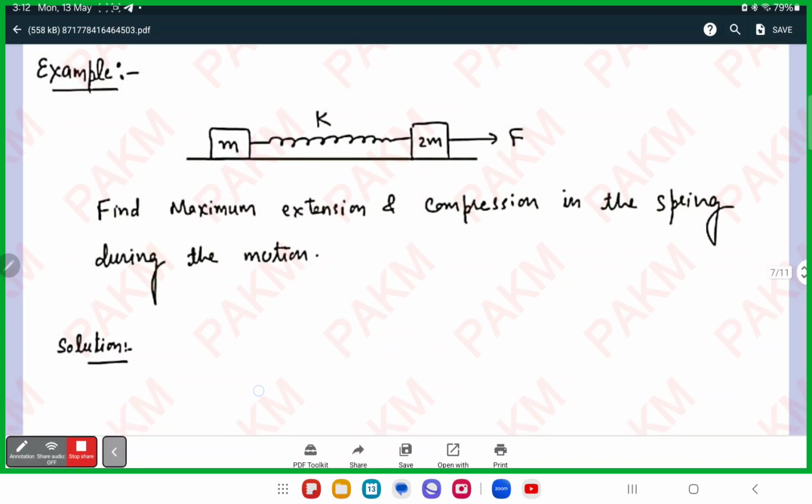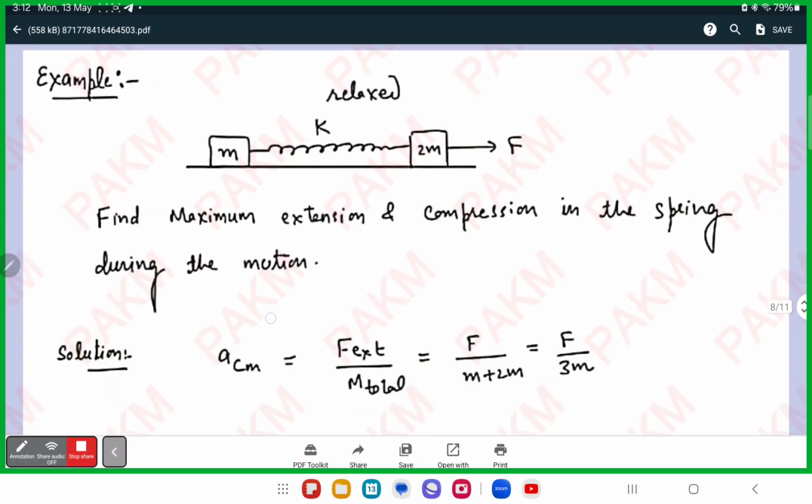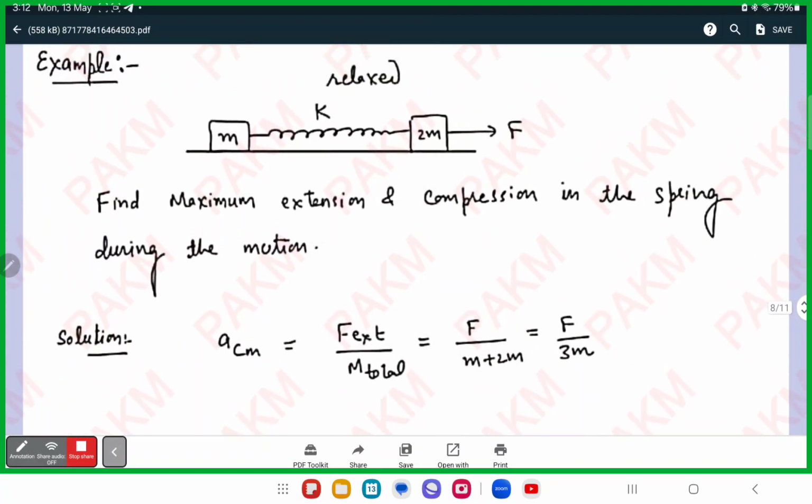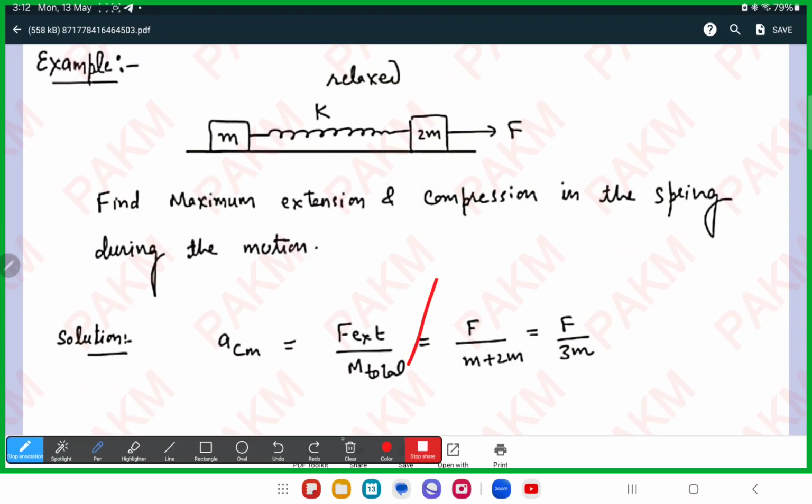So here we can say this is the situation of the problem, and the external force. Always remember, whenever a force is applied, it is better to think every step with respect to Newton's laws of motion. With respect to NLM, what is the common acceleration?